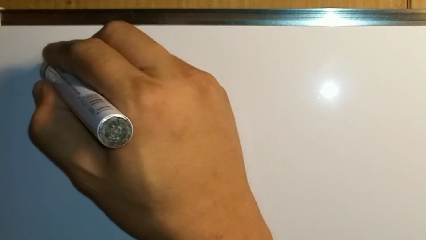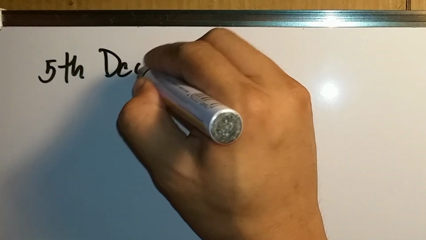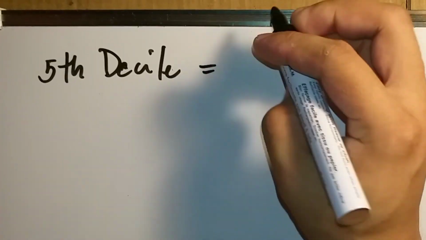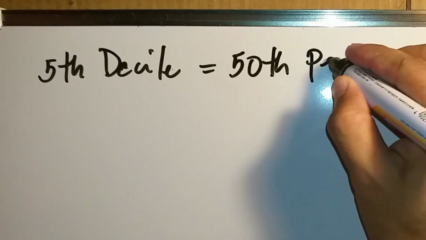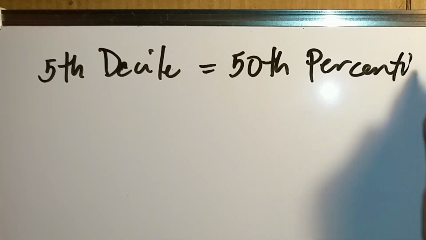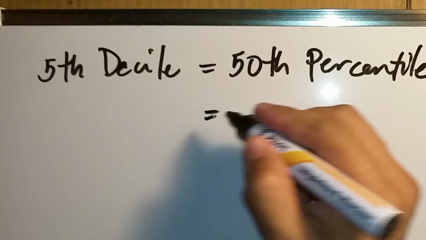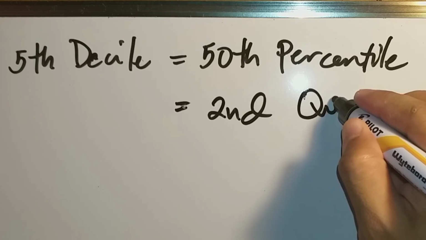We know that the fifth decile is equal to the 50th percentile, which is also equal to the second quartile.